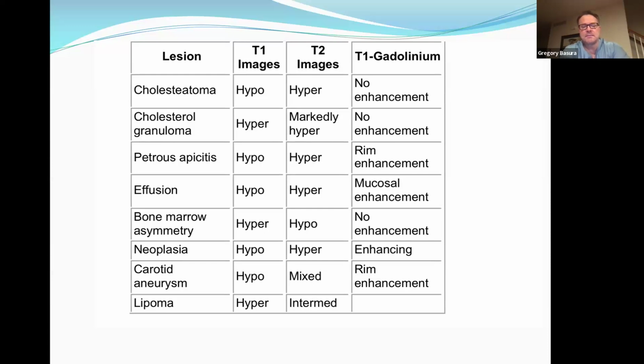So I think the take home today is really look at all your films, practice on each other and say, hey, show me what you're looking at, and be able to have a good command of the language.